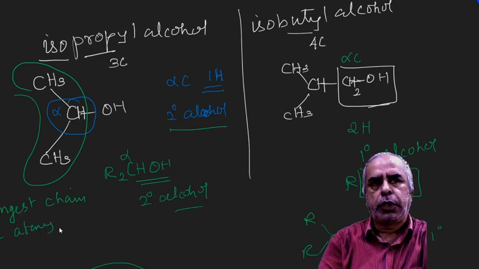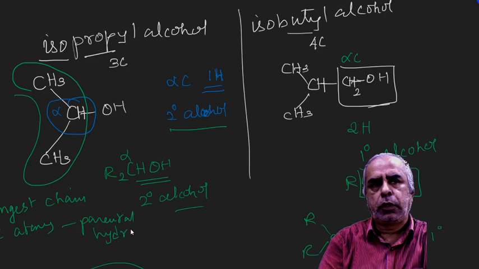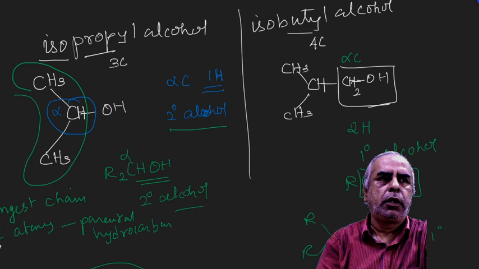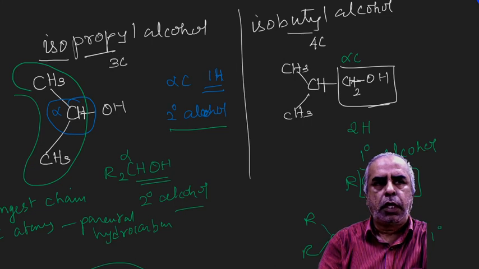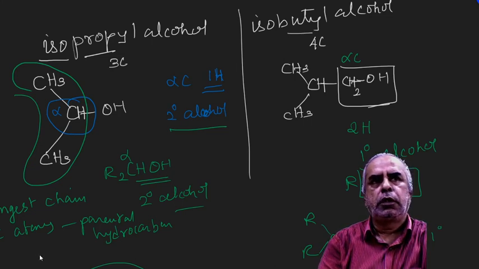Based on that you have to identify the parent hydrocarbon. It is 3, so 3 means prop. And the third one is to identify the functional group.